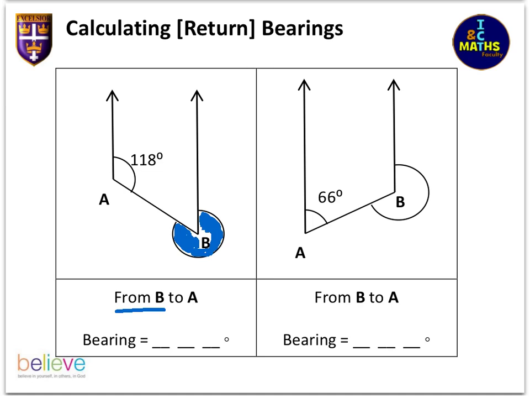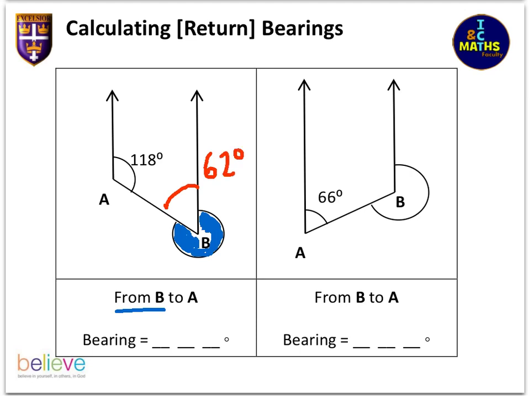Again, I can't work this out directly, so I'm going to have to use my allied angles to work it out in stages. My first step would be to find out what that angle there is, and hopefully you remember that 118 and the angle I've just marked there need to add together to make 180. So that particular angle must be 62.